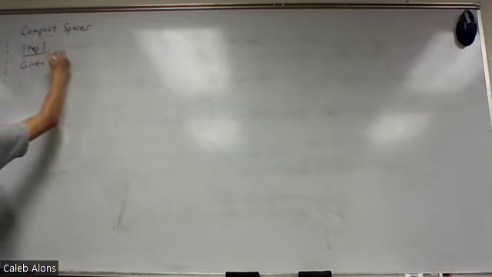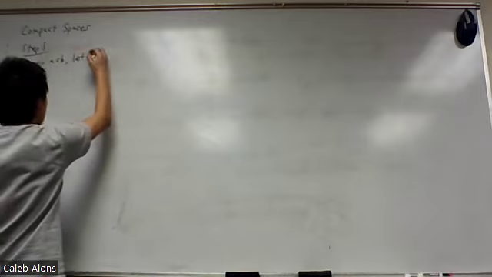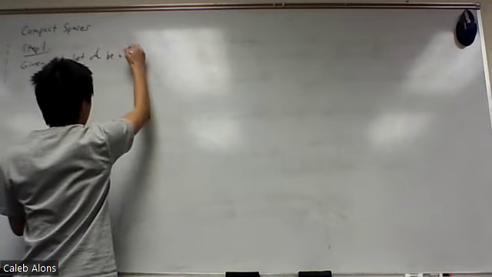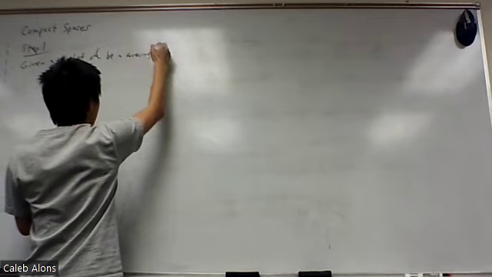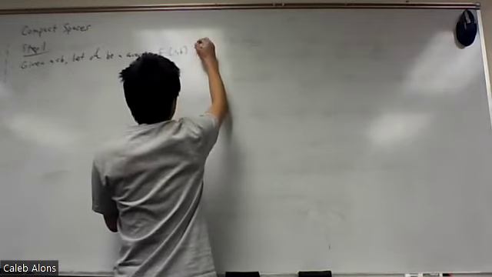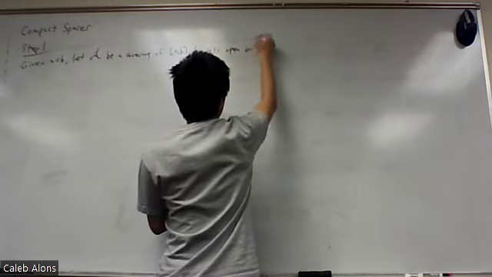So given A less than B, I'm gonna let script A be a covering of the closed interval AB by sets open in AB.